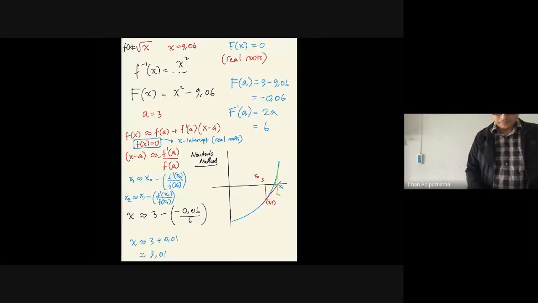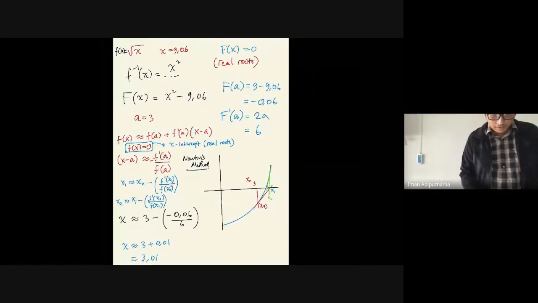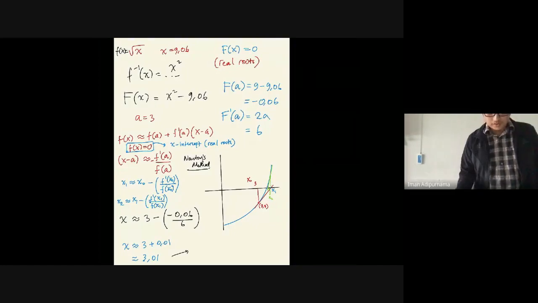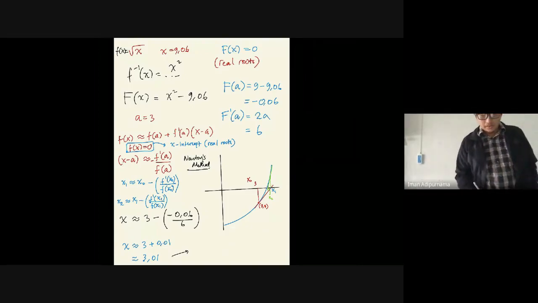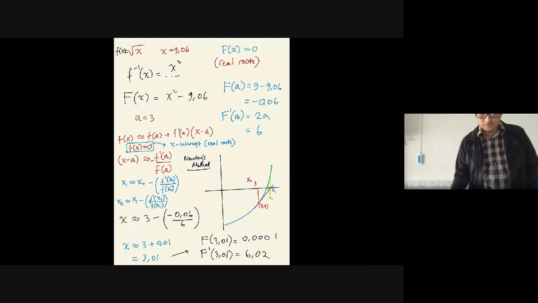Okay, so here you get the 3.01. If we are using this 3.01 in our calculations, f should be 0.0001, and then f prime should be 6.02.